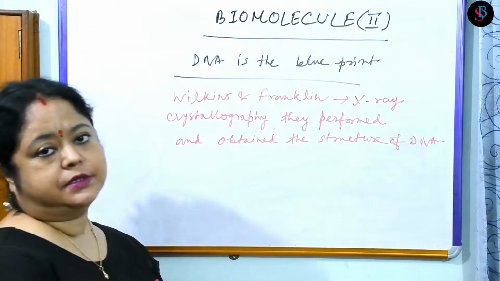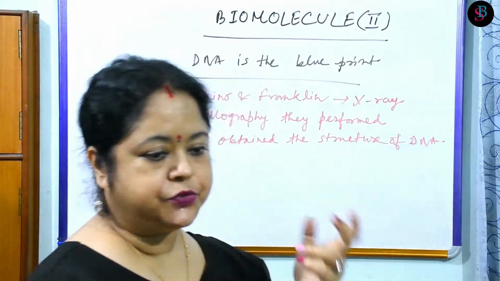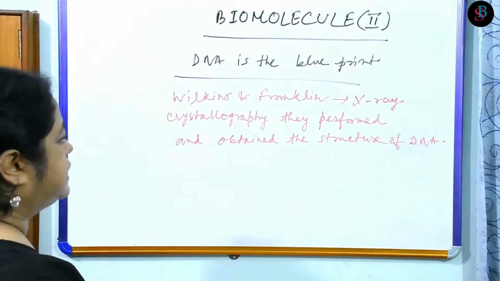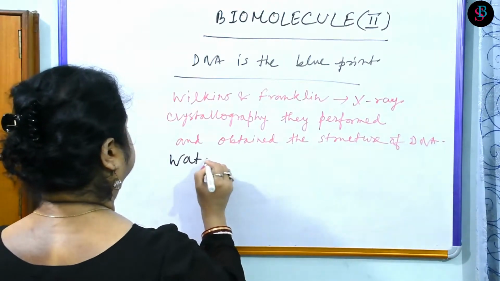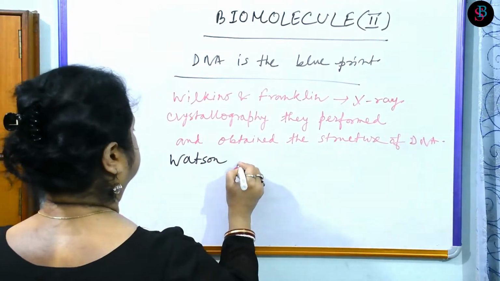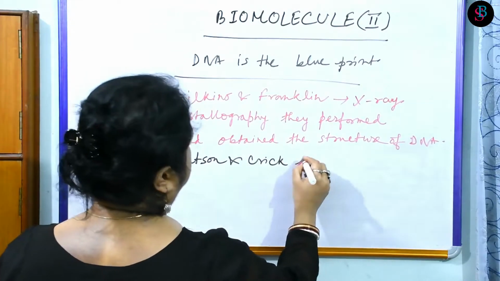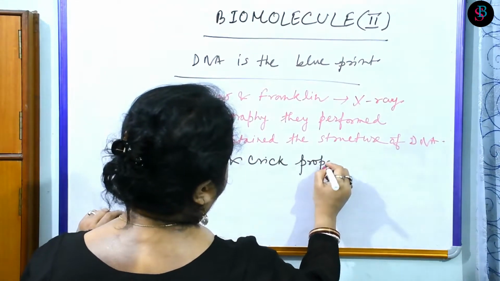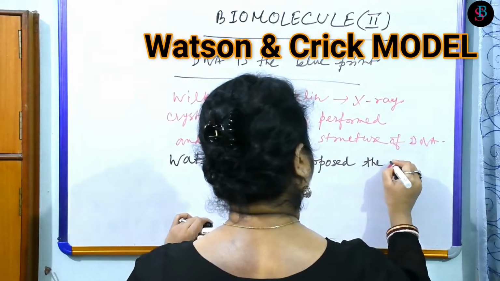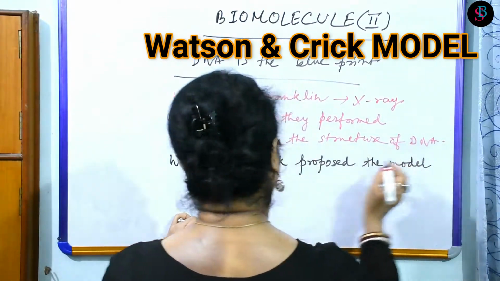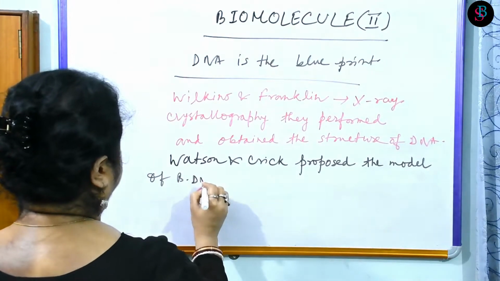On that basis, Watson and Crick, two other scientists, proposed a model of B-DNA.